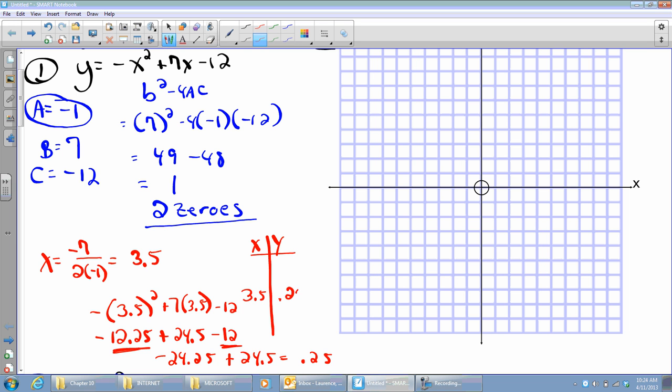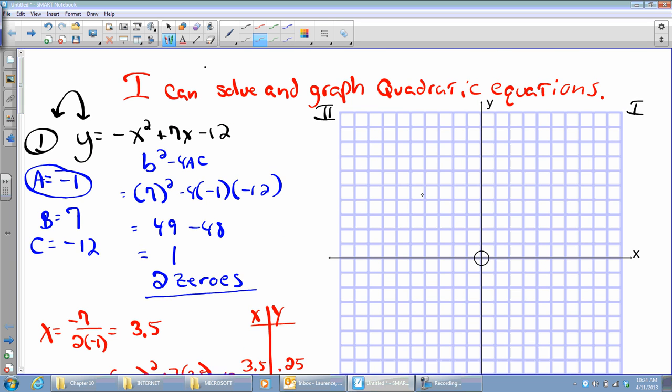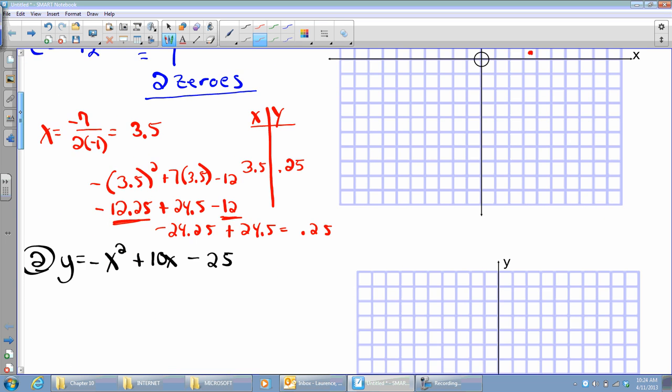So I'm going to plot my vertex right away. And I'm going to go to 3.5. 1, 2, 3.5, and then up a quarter. So right about there. 3.5 and 0.25.